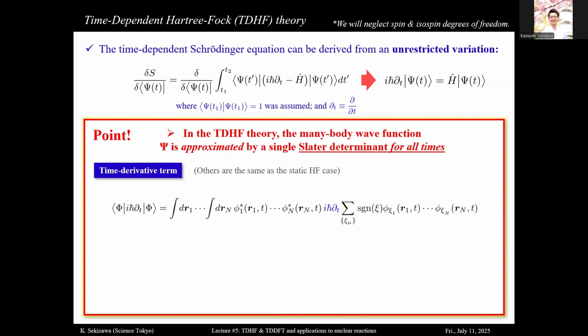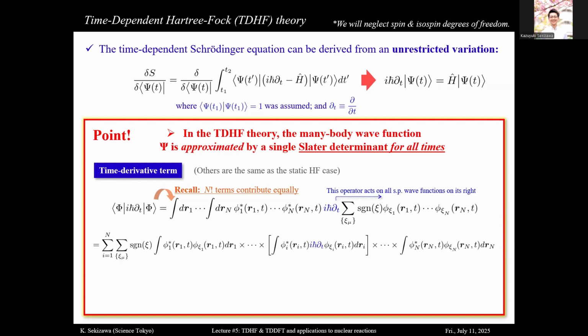So the operator looks different, but what we do is the same as for the one-body operator. You will have this summation over i here, and this is nothing but this operation onto the ith single-particle wave function phi.